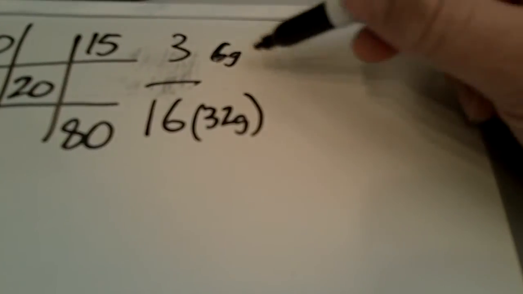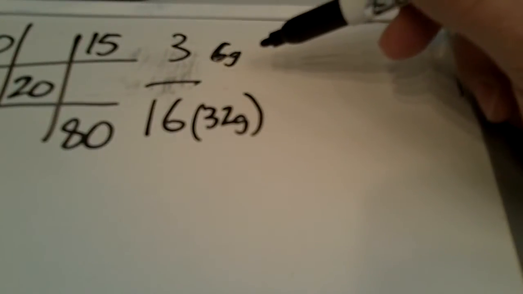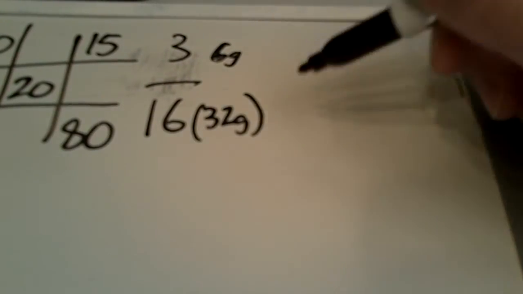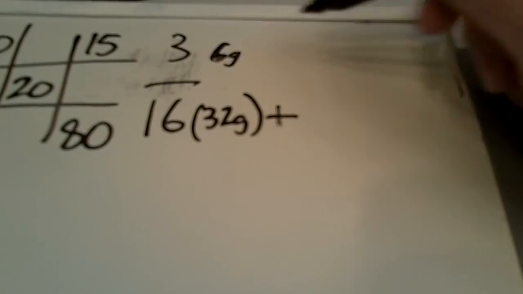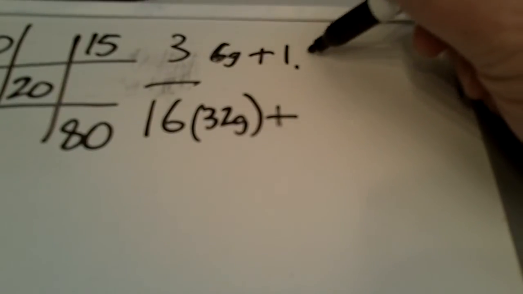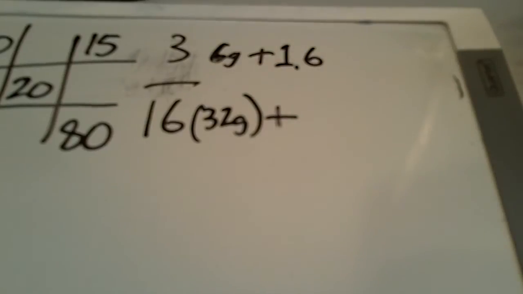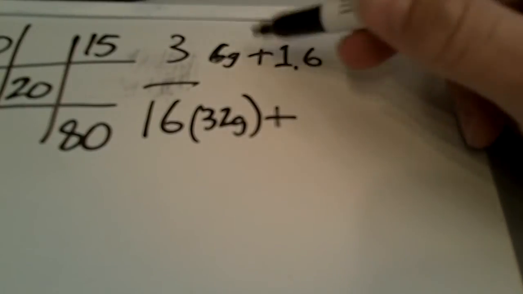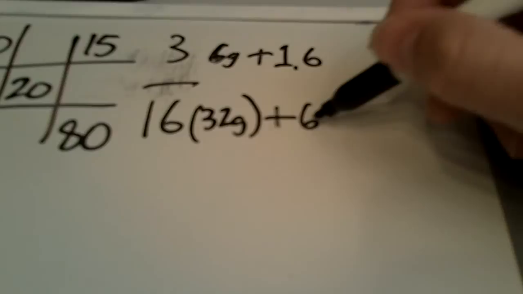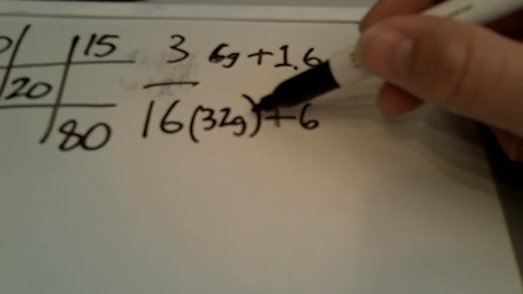In order to prove this, you need to actually add back in your original ingredient, which in this case was 1.6 of the active ingredient, and then you added in another 6 grams to your total.